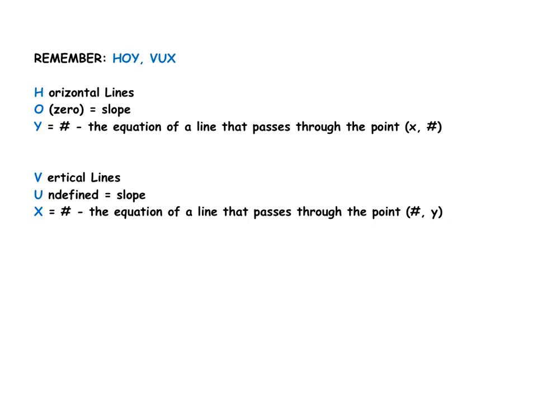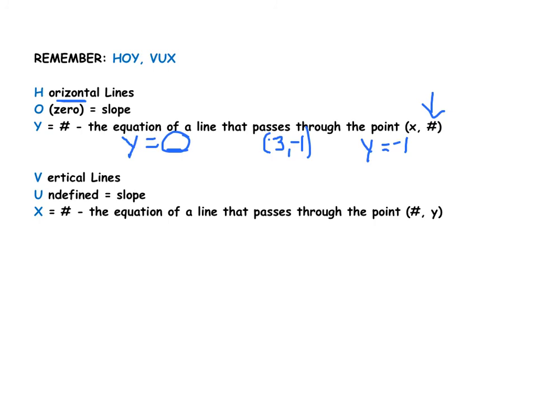So on HOY, the equation of a line that is horizontal looks like this, y equals something. And that something right here is this number. So if I say give me the horizontal line that passes through 3, negative 1, then the equation would be y equals negative 1.